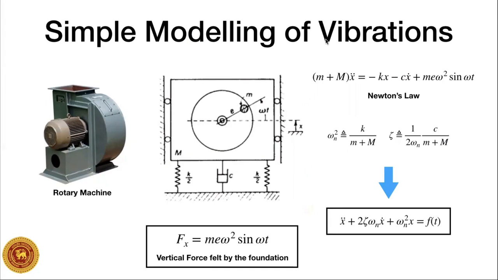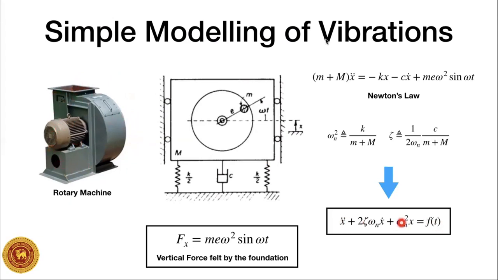So what we see is the laws of physics, or in other words, specifically Newton's laws, have allowed us to describe this system as a second order differential equation of this form. So the solutions of this second order differential equation will sufficiently accurately, or to the approximation of this model, describe the behavior of this system.